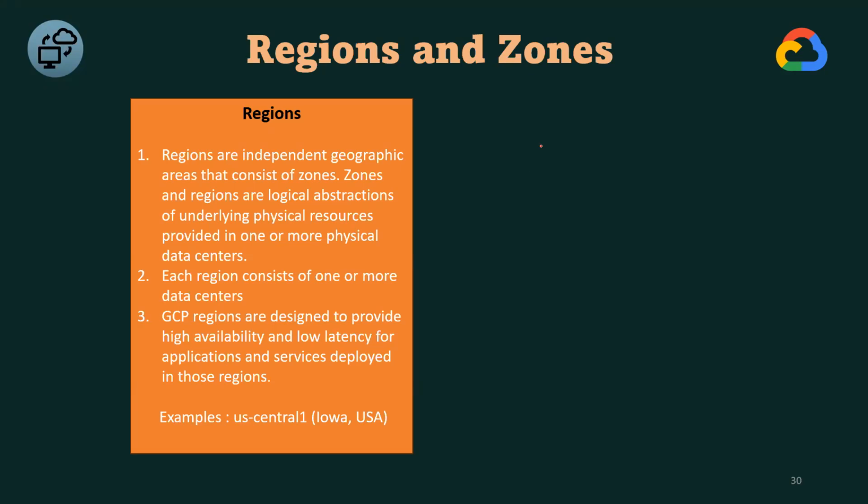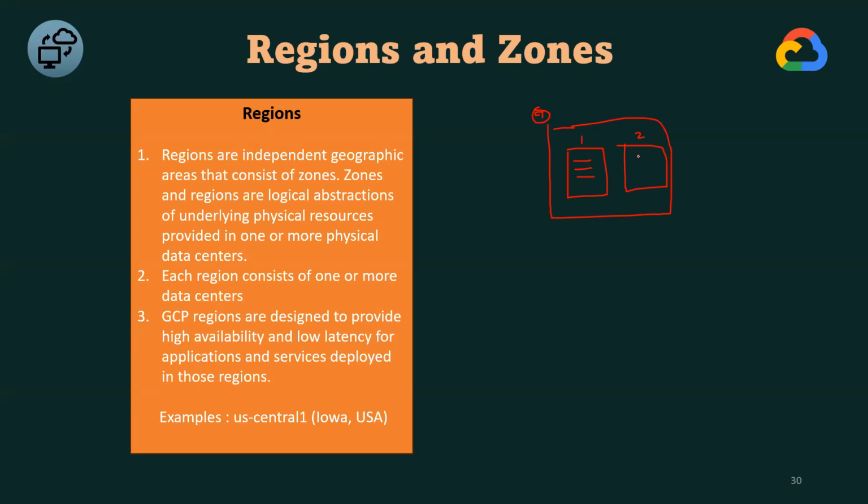For example, if I take one particular region, and I have one zone and one more zone, this is one zone, this is the second zone, this is entirely a region. And here you have 1, 2, 3, that means some virtual machines, some disk, some storage.